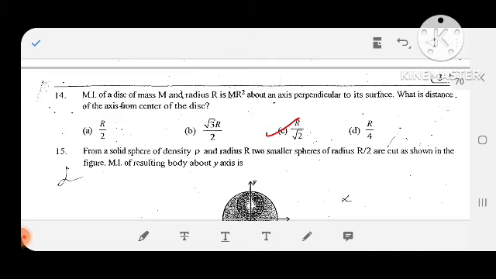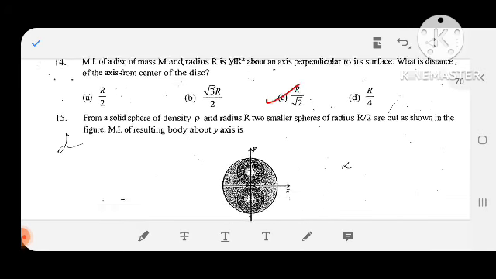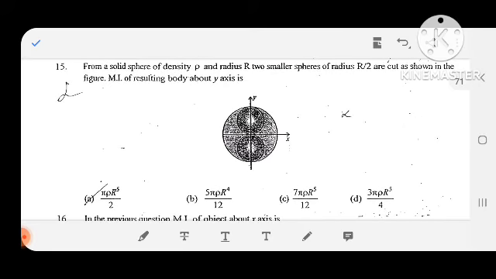From a solid sphere of density rho and radius r, two smaller spheres of radius r/2, as shown in the figure, are removed. Moment of the inertia of the resulting body about the y-axis is πρr⁵/2.